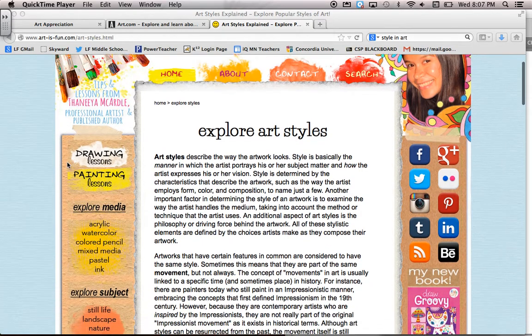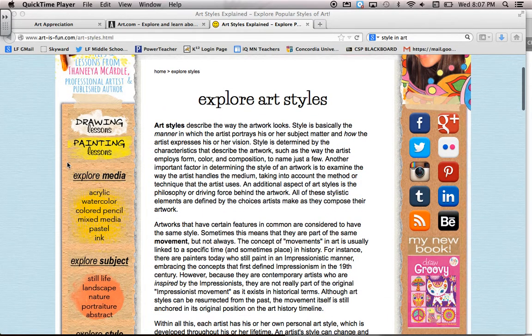So if you take a look, some style can be determined by the color, the form, and the composition. Other factors might be the way the artist handled the medium.